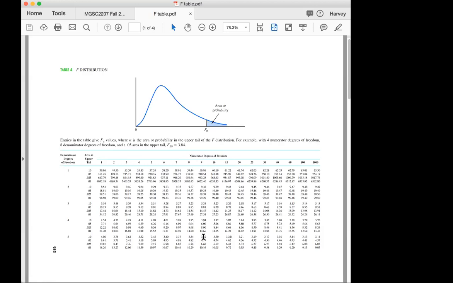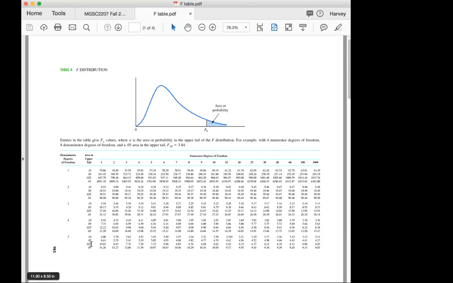How do I know where to look for the area in the tail? That's this section right here, area in the upper tail. If the area in the upper tail is 10%, 5%, 0.025, 0.01, then we will find the corresponding F values. When you're doing a p-value, if I have an F value, I would look up the combination of the degrees of freedom and see where it falls in terms of the area.